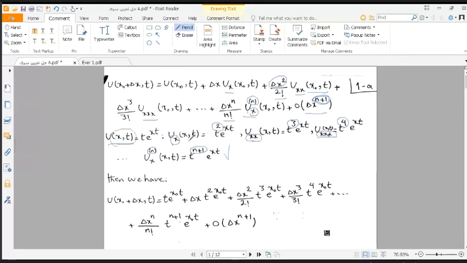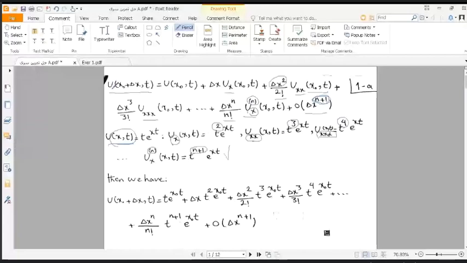Then we have this u and its derivatives, and we replace them in the expression for u of x0 plus delta x and t, the first expression on this page. We replace the u and ux and uxx, uxxx, and the nth derivative in the first expression.